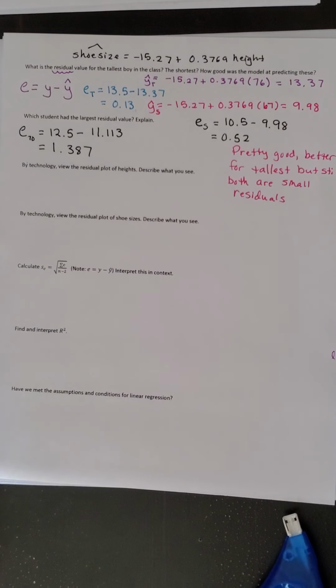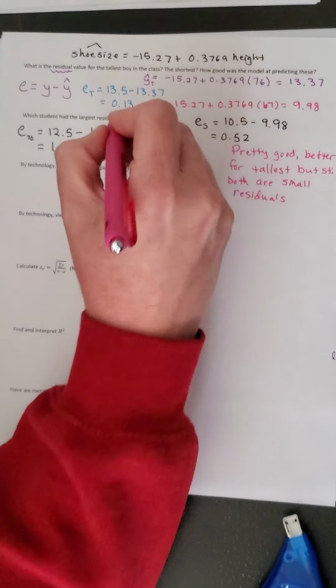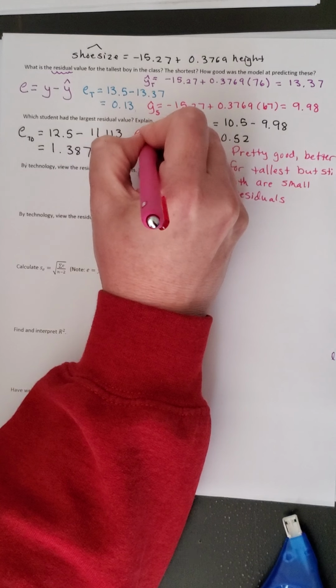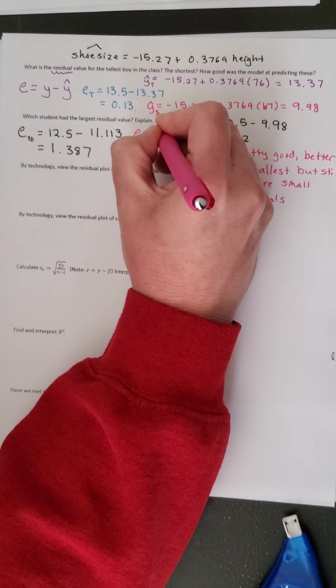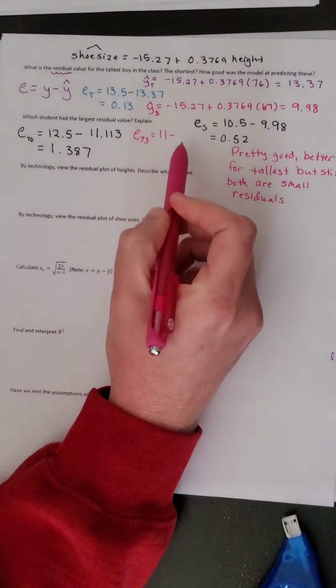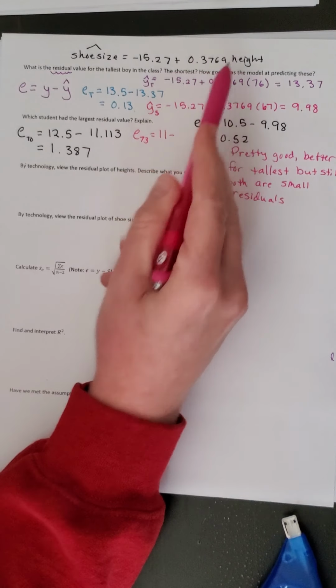All right, I'm going to redo this with the gentleman who was 73 inches. He wore a size 11. I'm going to find his predicted again by plugging in his height.